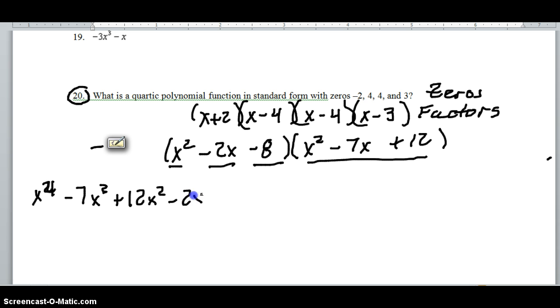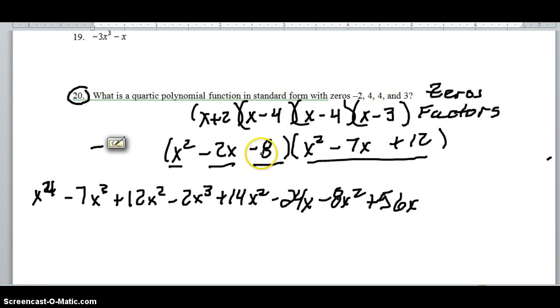Negative 2x to the third. Positive 14x squared. And negative 24x. Now negative 8 all the way through. Negative 8x squared. Positive 56. And negative 8 times 12, that's going to be negative 96.